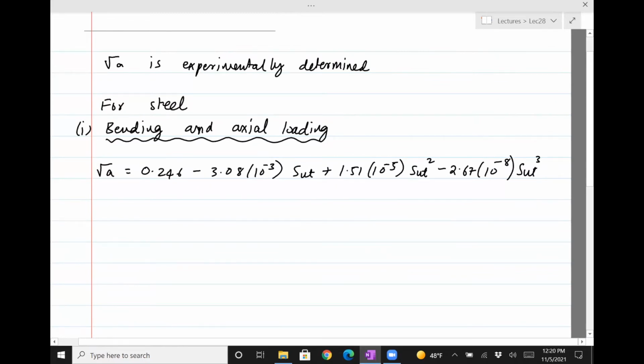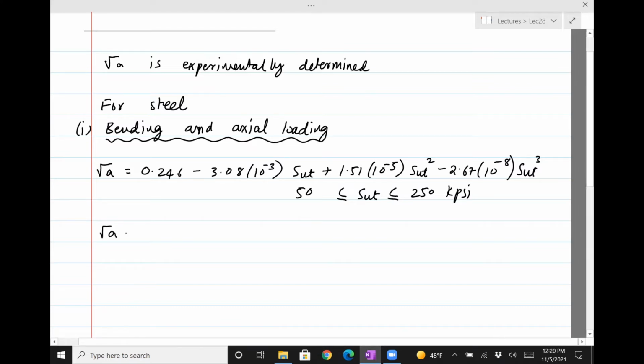This is true for S_ut in the range 50 to 250 kpsi. When you have steel, you don't normally go above 250 kpsi. That's the limit, and that's in IPS units.